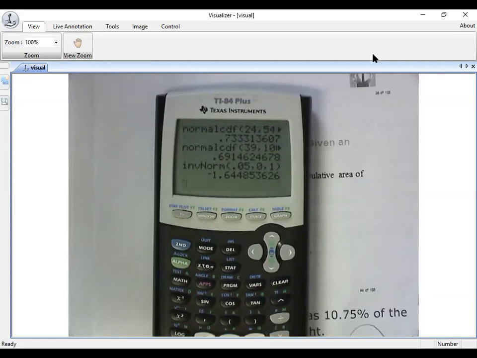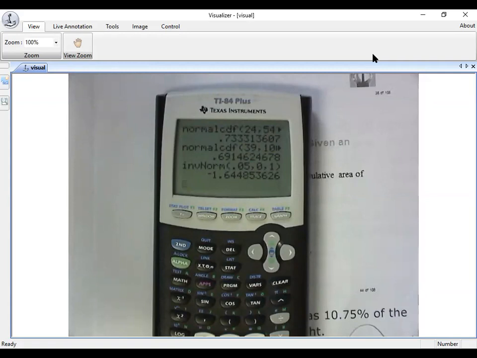If I'm looking for an area, it needs to match how many decimal places there are in the table. So that means I always round that how many to the right? 4. So if I'm looking for an area, I got to round that 4 places to the right. Okay? If I am given the area and I'm trying to find the z-score, I can either look in the guts of the table and try to find the z-score that went with that area, or if I go to the calculator, where do I go to get it?